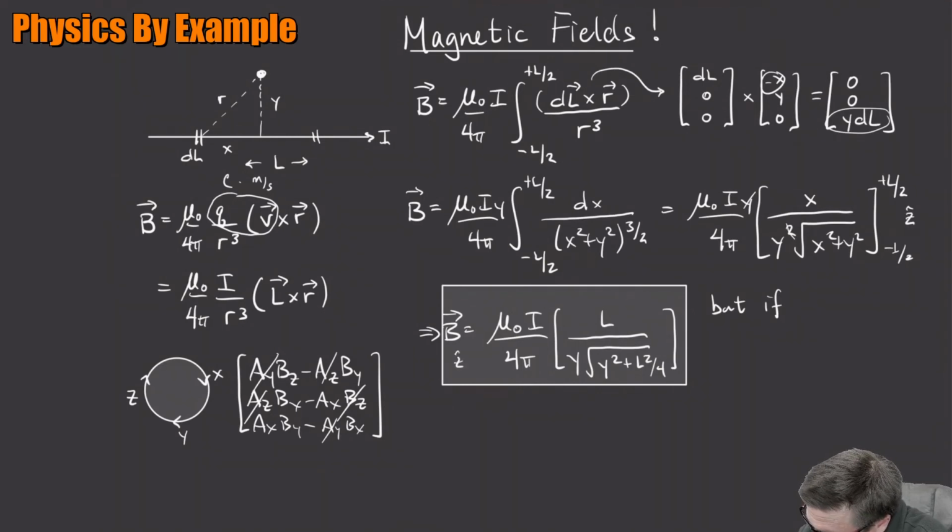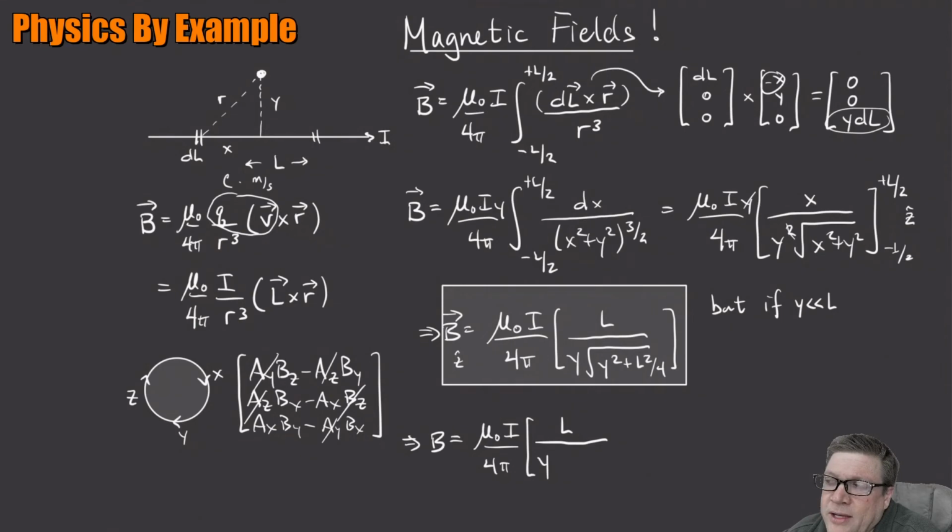If y is a whole bunch less than L, so if we're close to the line, what happens? Let's look at that. Then the L squared term dominates, and let's just do the magnitude because I'll keep forgetting to write the z hat in there anyway. This is going to be mu naught I over 4 pi, and then an L over y.